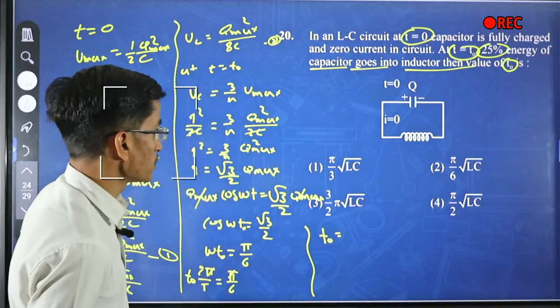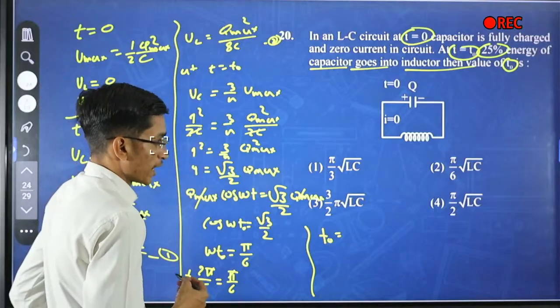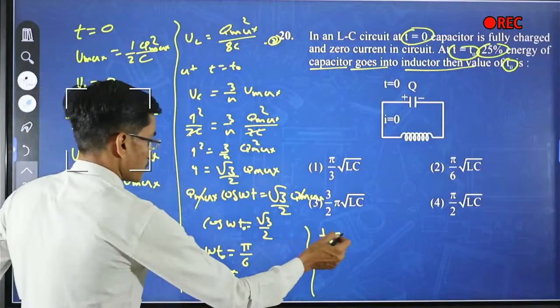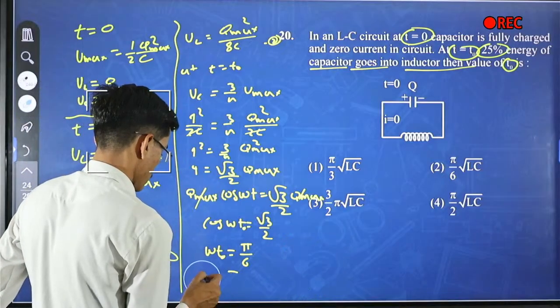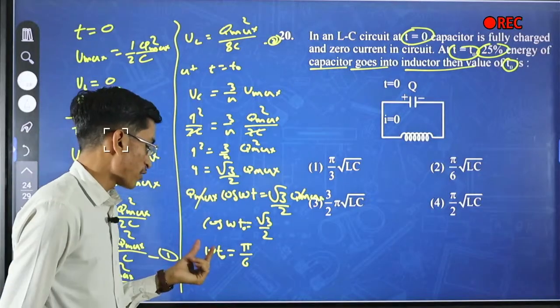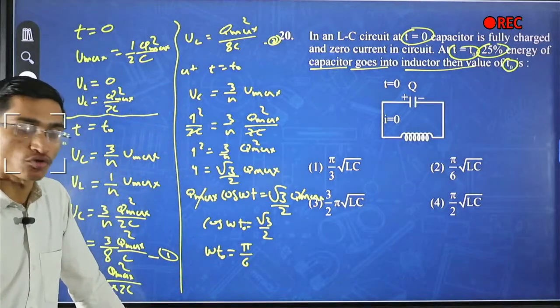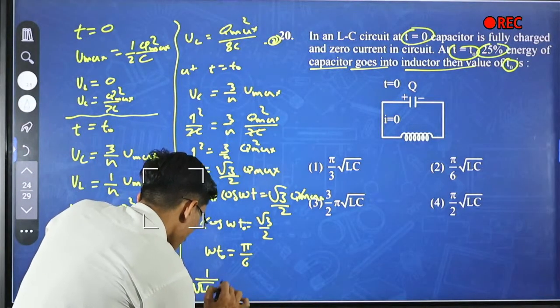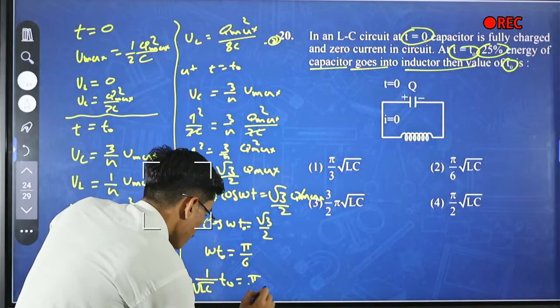In the question we have to write the answer in terms of LC. So let us put LC. We know the formula of omega. Omega can be written as 1 upon under root LC. So 1 upon under root LC into t naught is equal to pi by 6.